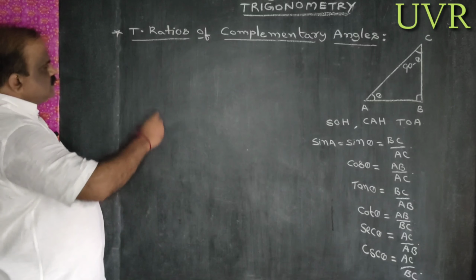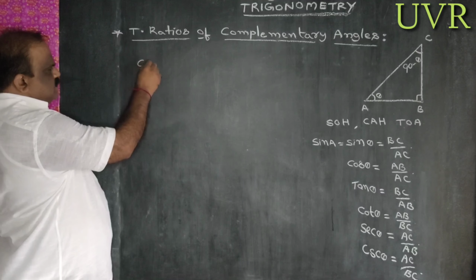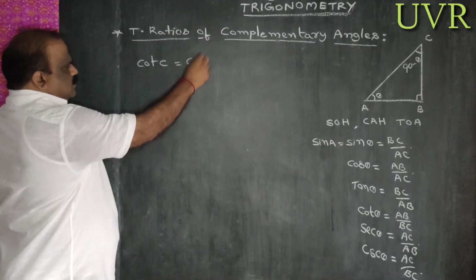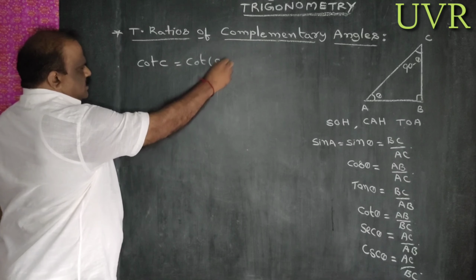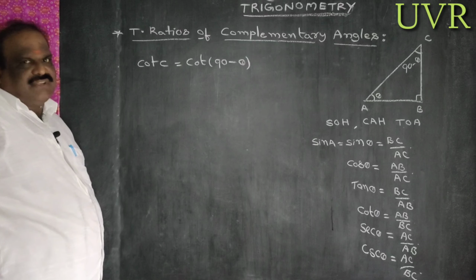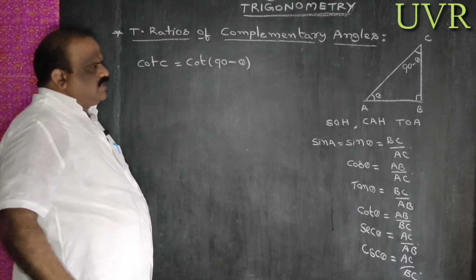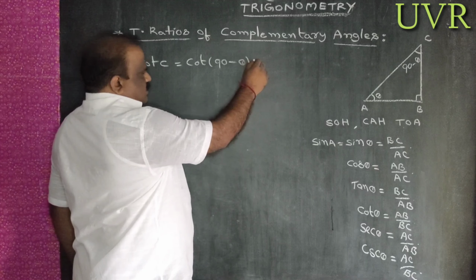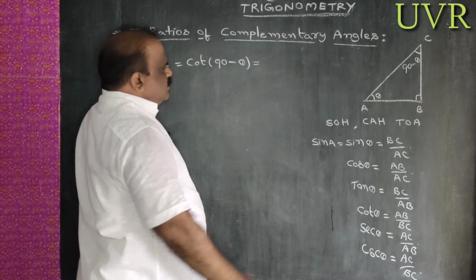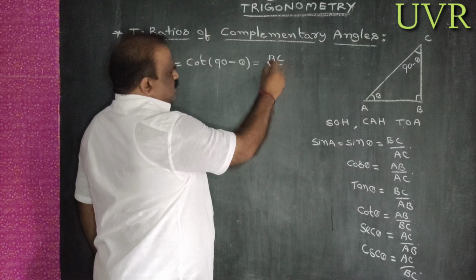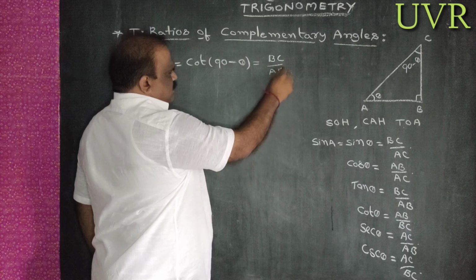So next, cot C or cot 90 minus theta. So the definition of cot is the reciprocal of tan, that is equal to BC by AB.